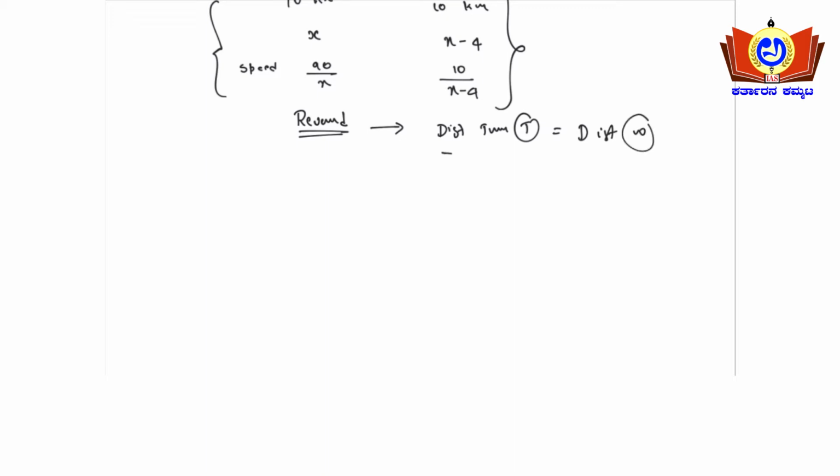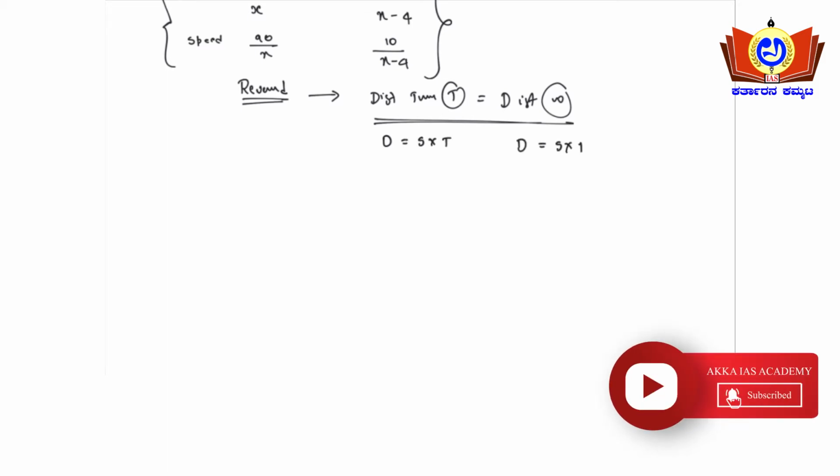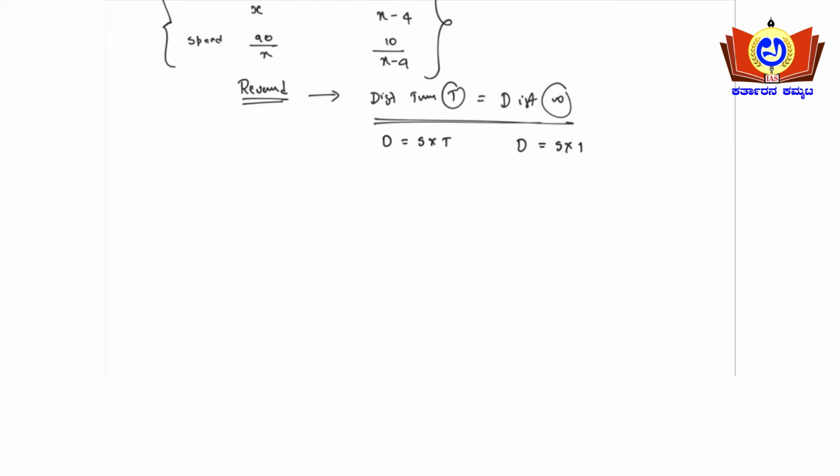These are the conditions given when the time is reversed. We know that distance equals speed into time. So what is the speed of walking here?